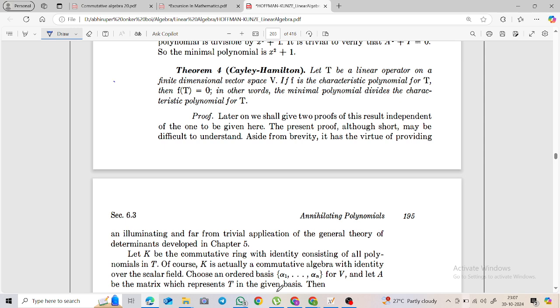This is the Cayley-Hamilton theorem. Let T be a linear operator on a finite dimensional vector space. If f is the characteristic polynomial of T, then f(T) is 0. In other words, the minimal polynomial divides the characteristic polynomial.